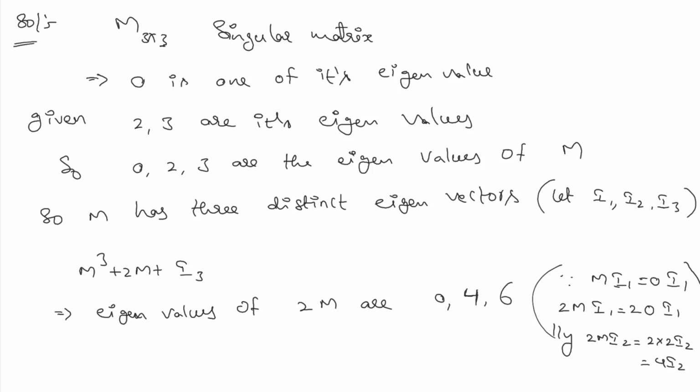Hence 4 is an eigenvalue of the matrix 2M. Similarly for the remaining eigenvalue 3. So we can say the eigenvalues of the matrix 2M are 0, 4 and 6.